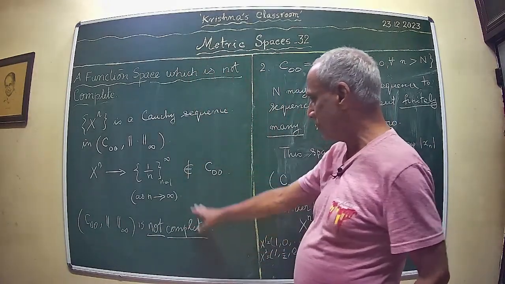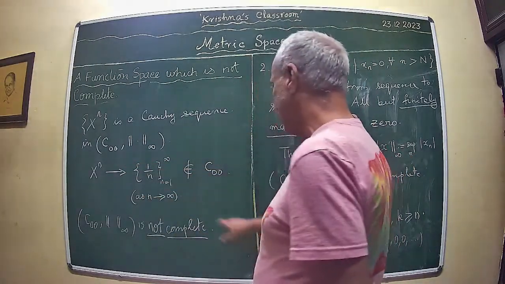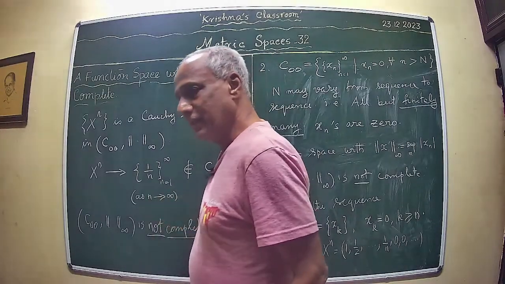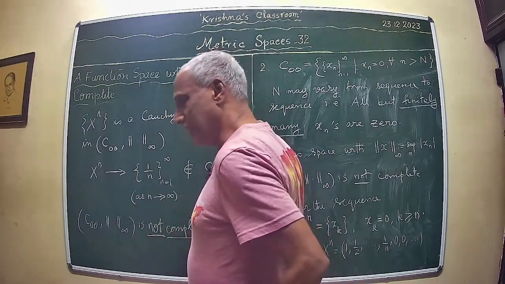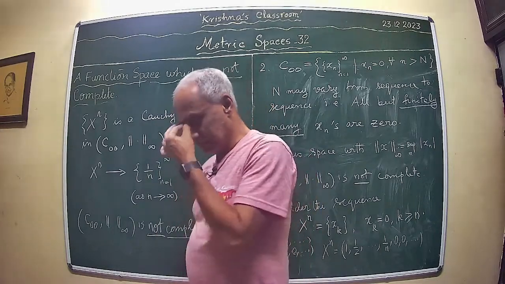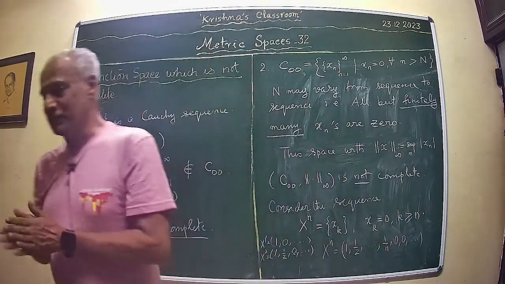Now you know that it's a part of C naught, and therefore you have to bring in elements from C naught to make it complete. So its completion is actually C naught. Thank you very much.